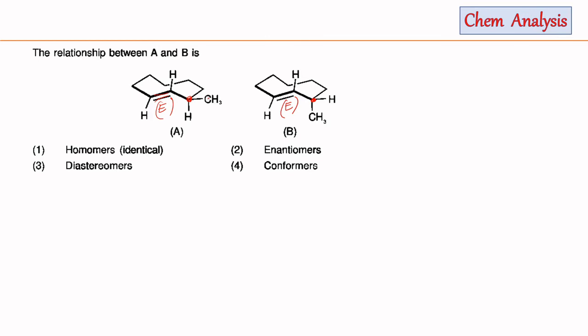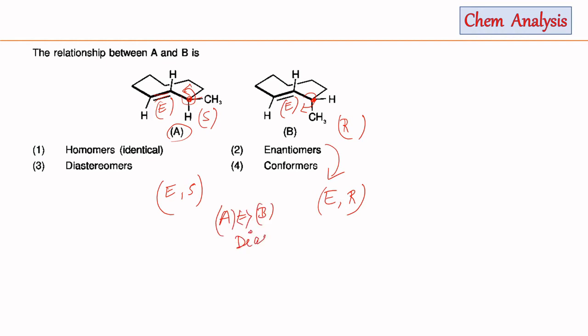If the stereochemistry of this group, suppose it is S, it will be S, since it is above the plane, it is below the plane. 1, 2, 3 rotation is anti-clockwise, so it is S, and this group will be 1, 2, 3, that is R. Therefore the stereochemistry of A is E and S, and the stereochemistry of B is E and R. Thus A and B are related as diastereomers to each other. So the relation is diastereomers.